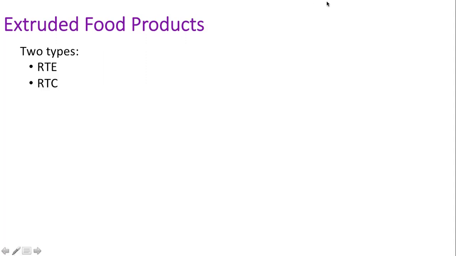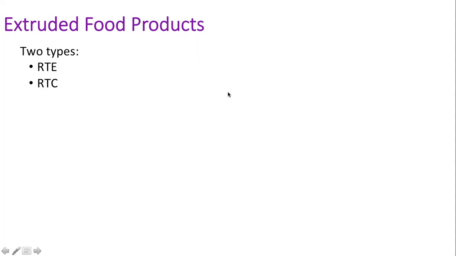One example, Achini Sandunika, give me an example of an extruded food product. Yes, there are so many popular extruded food products available. So Achini gives me noodles. Okay.